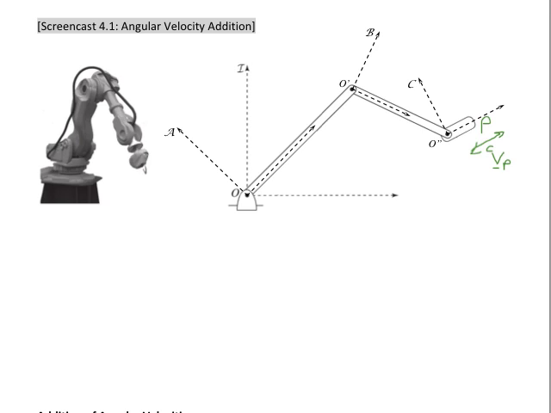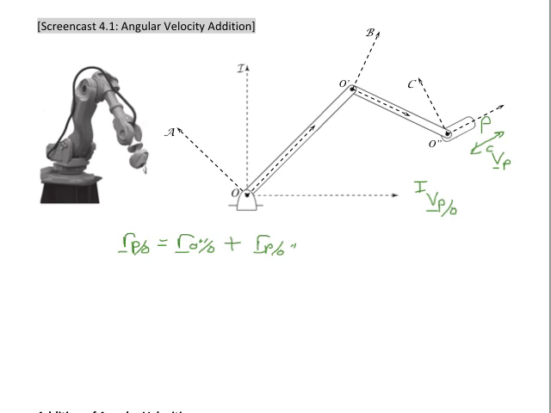And let's use the transport equation to find the velocity of point P with respect to O as observed in the inertial reference frame. So we define the position vector of P with respect to O as the position vector of O double prime with respect to O plus the position vector of P with respect to O double prime.